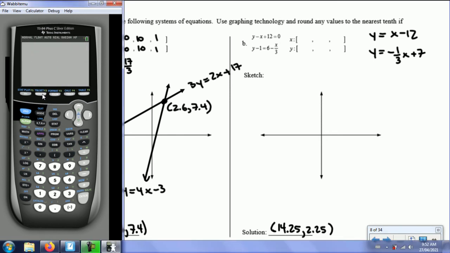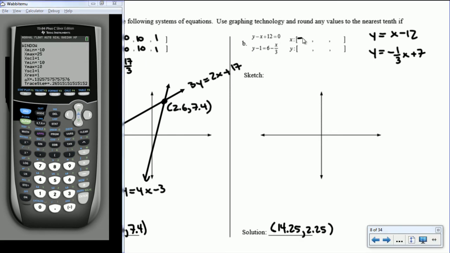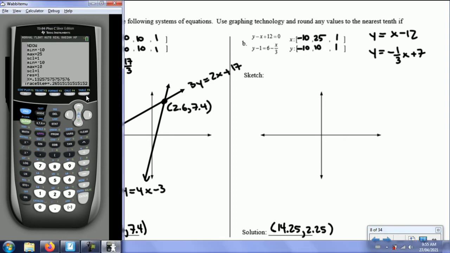My window settings, negative 10, 25, and 1. And y settings, negative 10, 10, and 1. So what that looks like on the graph. Okay, a bit like that.